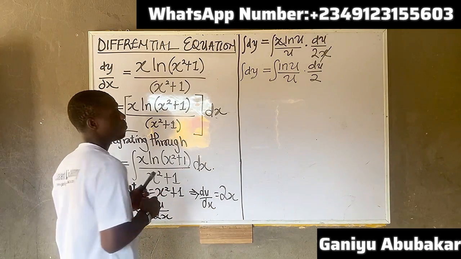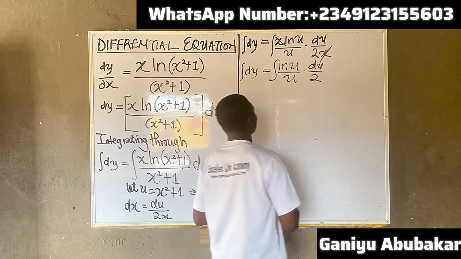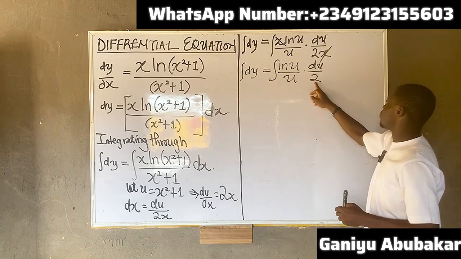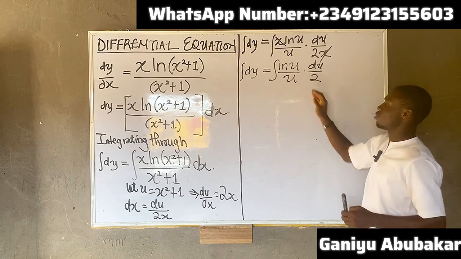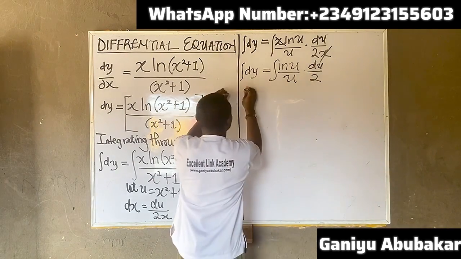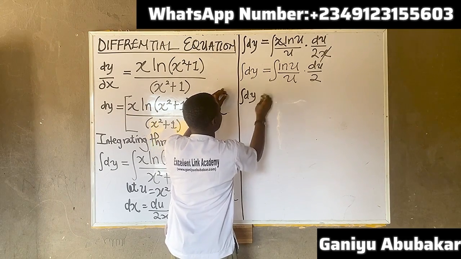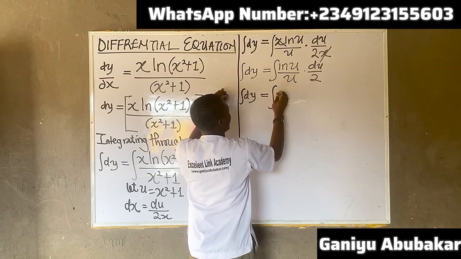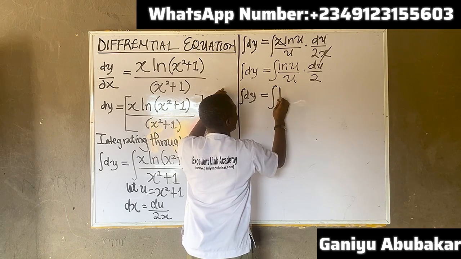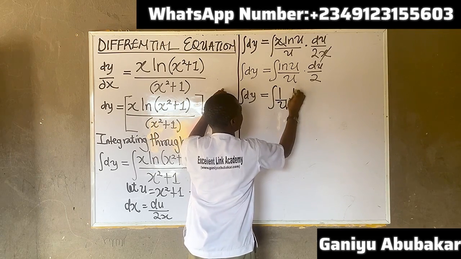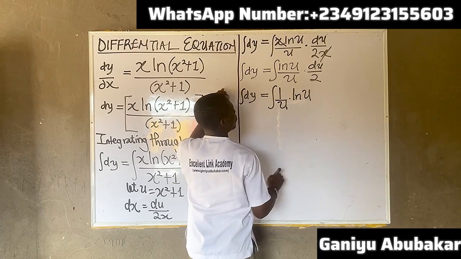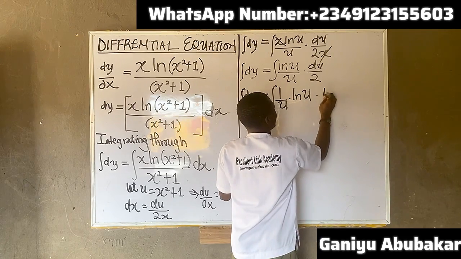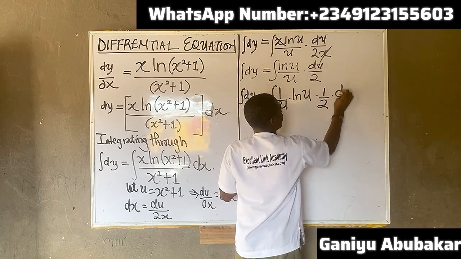I have it here. So the next task here is to bring out this half, this 1 over 2. That gives you the integral of dy is equal to the integral of, this one can be written as 1 over u dot ln u, dot 1 over 2, dot du.